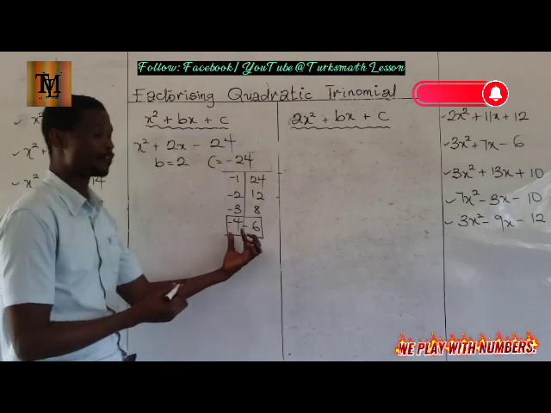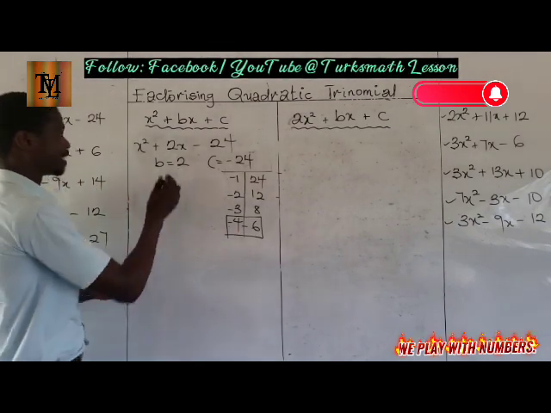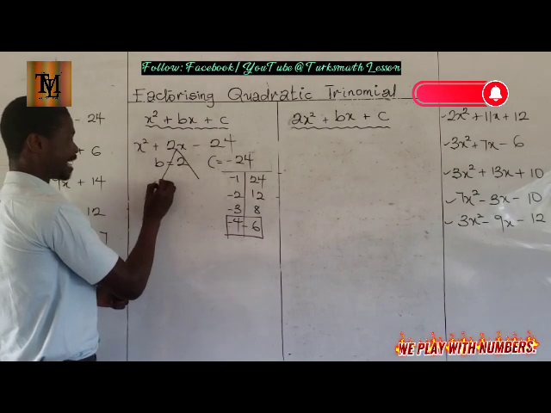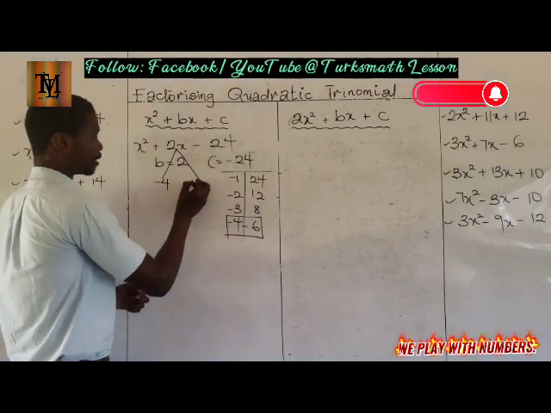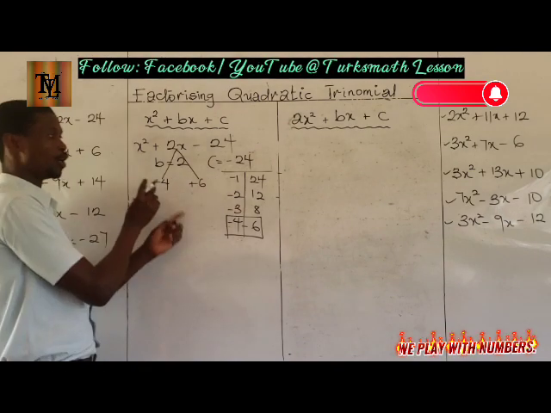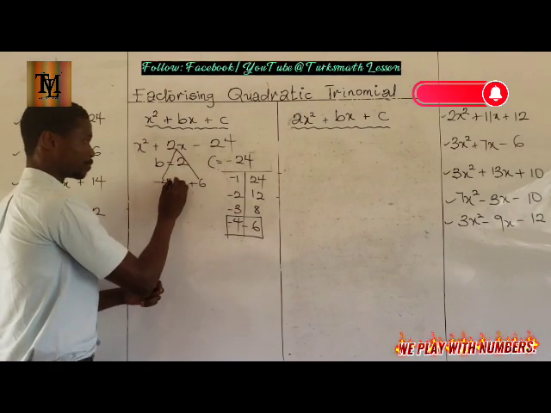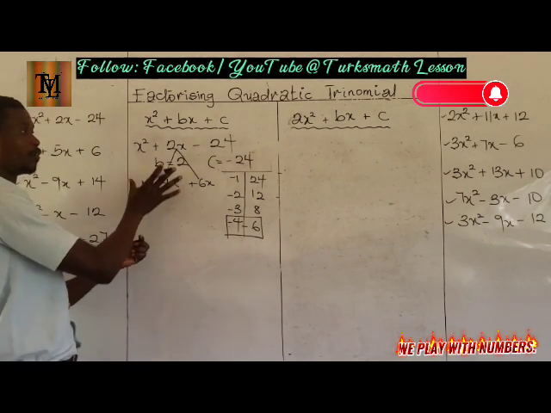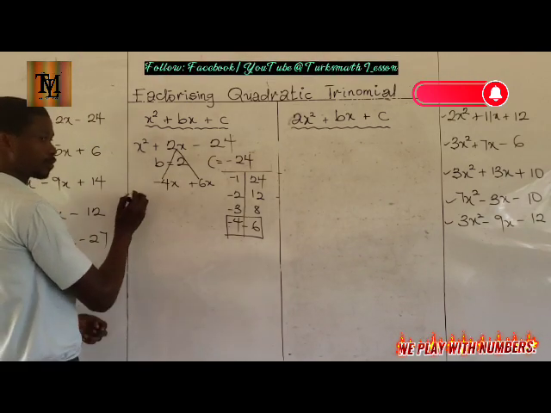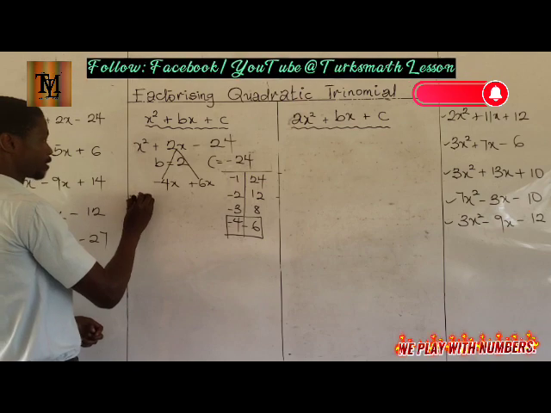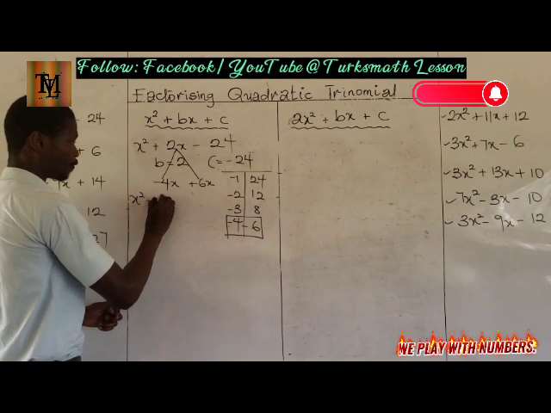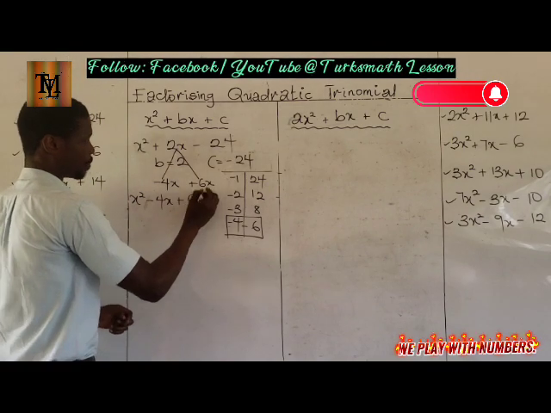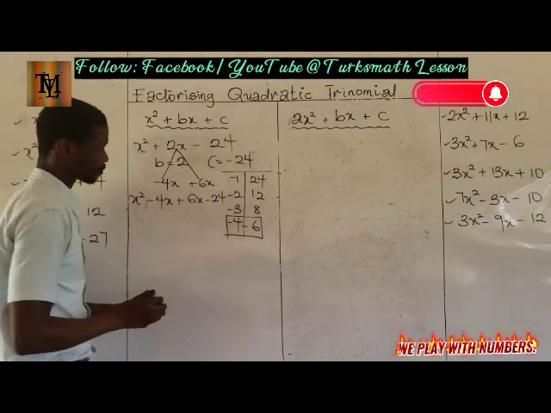So we have negative 4 plus 6, which gives us 2. You attach x to them. Very good. So we are now having 4 terms: x squared minus 4x plus 6x minus 24.